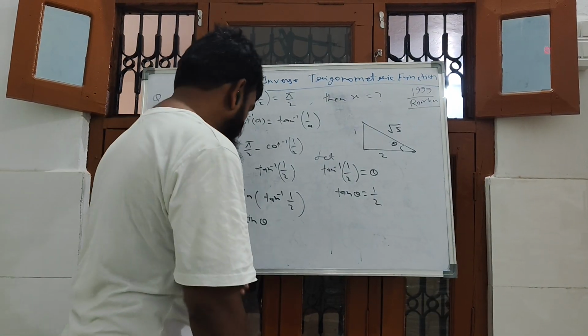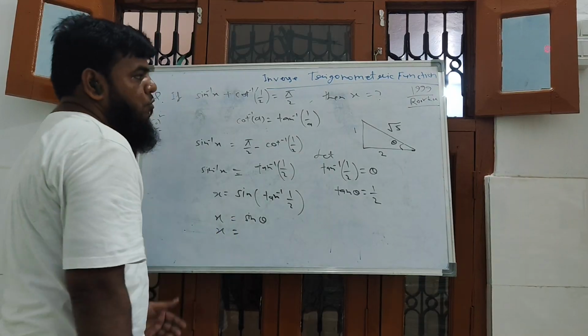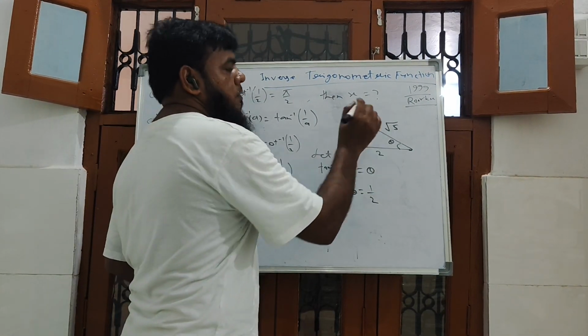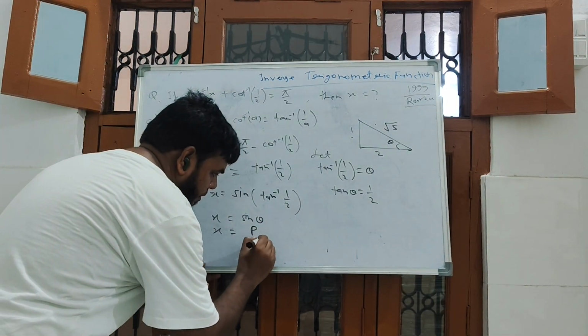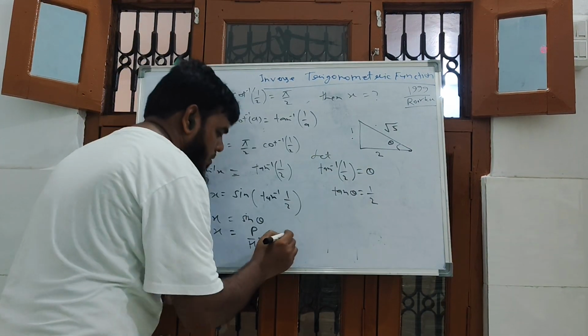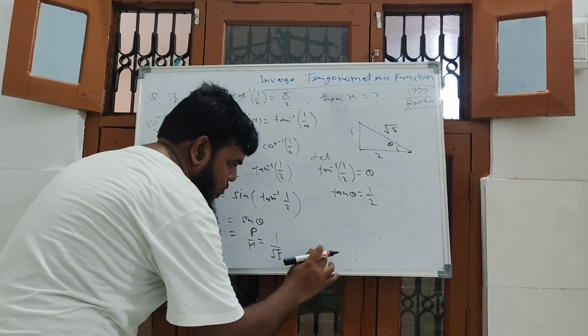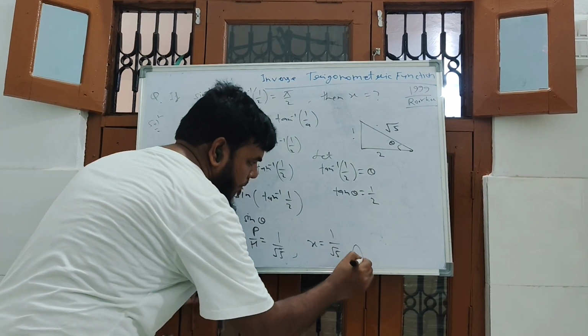Sine theta equals perpendicular upon hypotenuse, which is 1 upon root 5. So x equals 1 upon root 5.